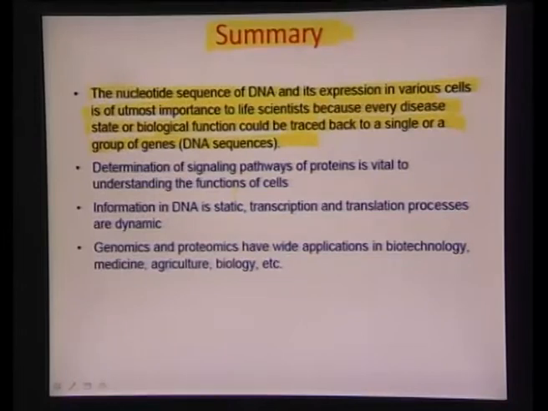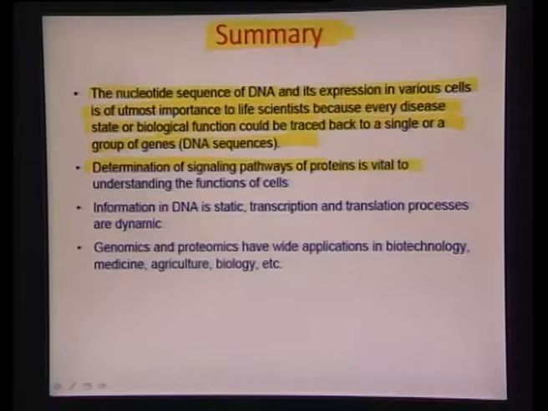So it is very important to find out how a cell can revive itself from a disease state into an equilibrated stage where it does not perform any malfunction, and this whole route of conversion from a DNA to an RNA to a protein is helping it to do that. So the determination of the signaling pathway of proteins is very vital to understanding the function of a cell.